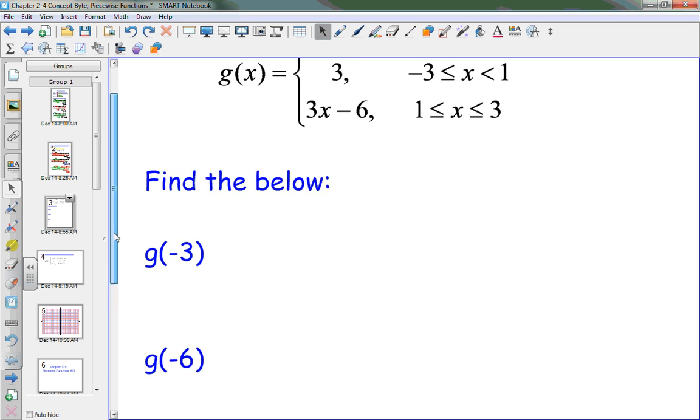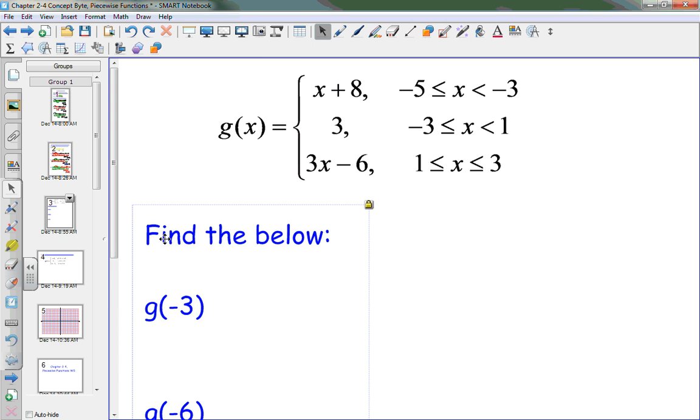Okay, g at negative 3. If I'm doing g at negative 3, I need to compare this. Well, I have a lot more restrictions this time. Where is negative 3? Does it fall in this restriction? Does it fall in this restriction? Is negative 3 between negative 5 and negative 3?